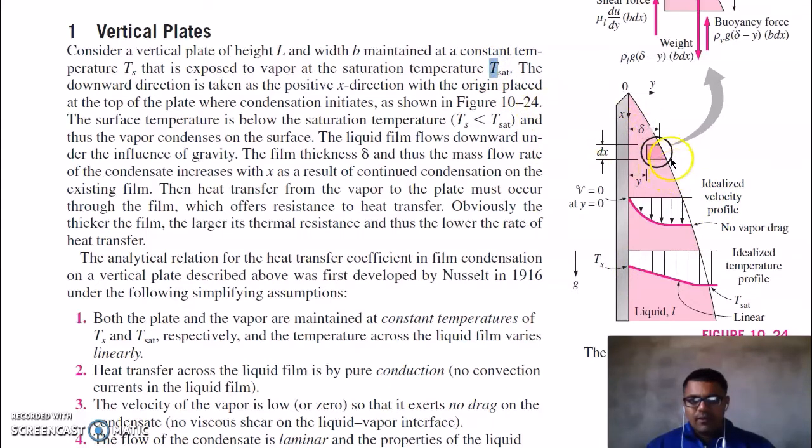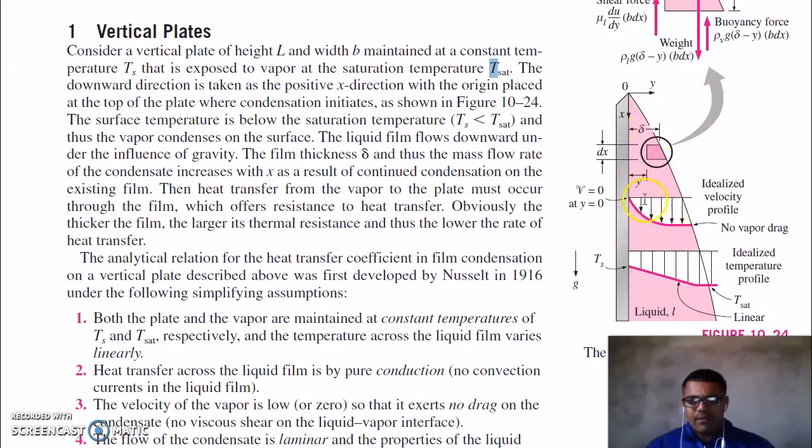The downward direction is taken to be the positive x direction with the origin at the top of the plate where the condensation initiates. This is the y direction along which your thickness of film will grow. The liquid film flows downward due to the influence of gravity.